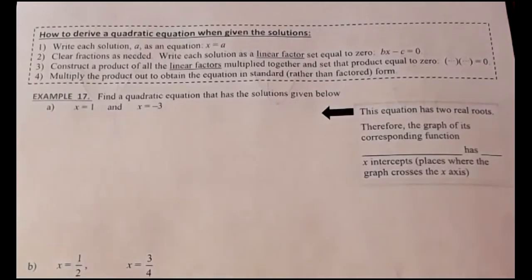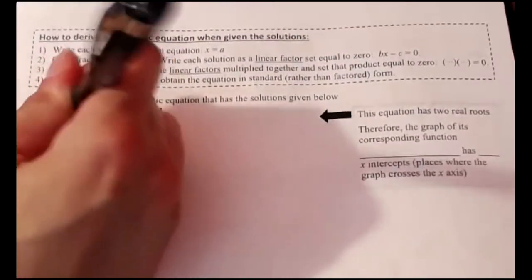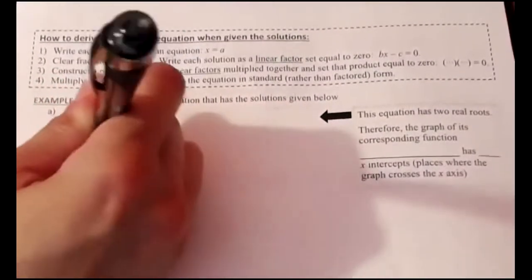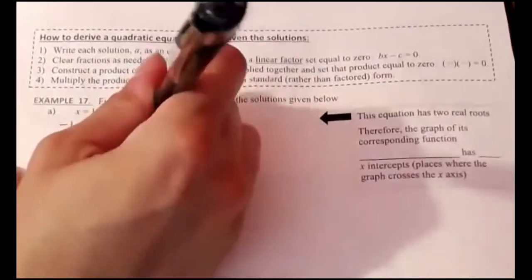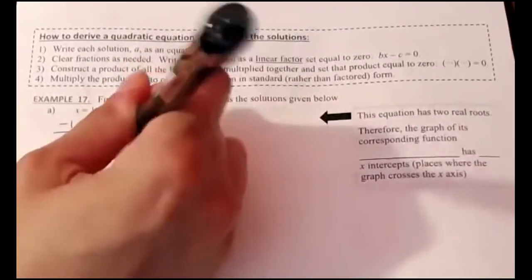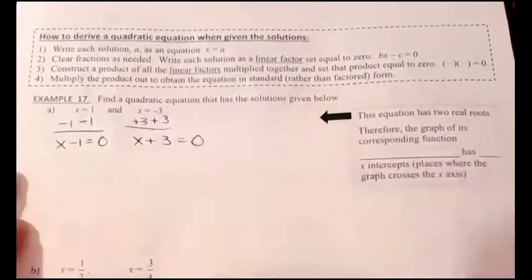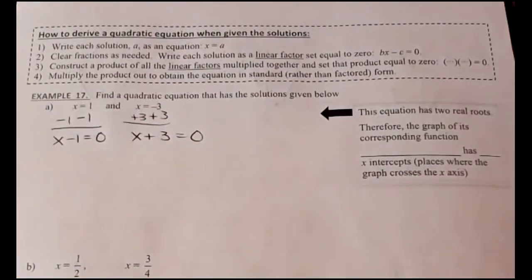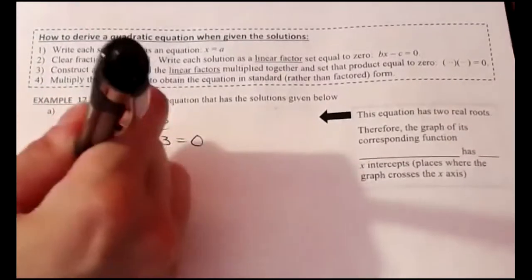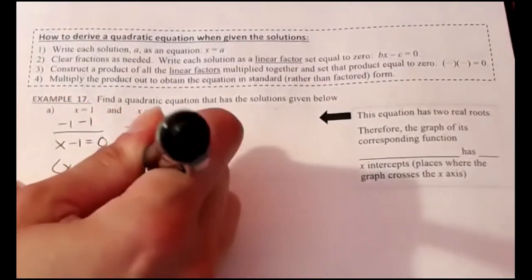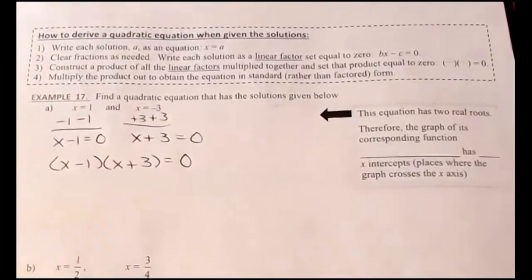Okay, let's check it out. This first one, we're going to subtract a 1 so that we have x minus 1 is equal to 0. For my second equation, I'm going to add 3, and that gives me x plus 3 is equal to 0. Notice our two factors are x minus 1 and x plus 3. This is why we set them equal to 0. So let's go ahead and write them together so that we can actually multiply them.